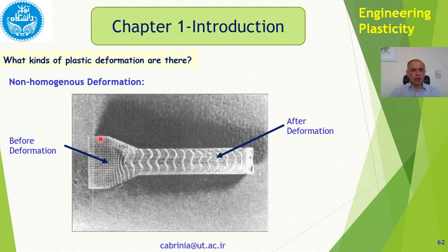As you can see here, these lines are straight, but here they have become distorted and different shapes, and so we call this non-homogeneous deformation.